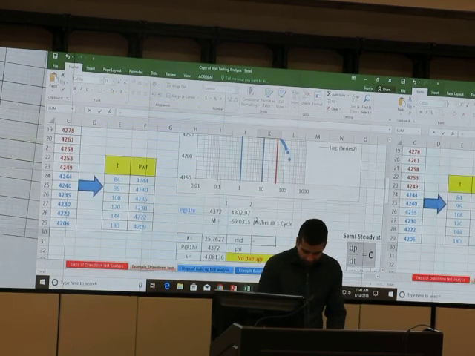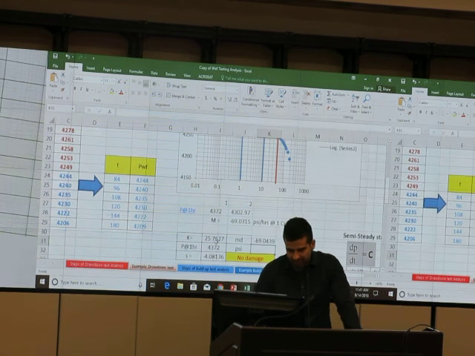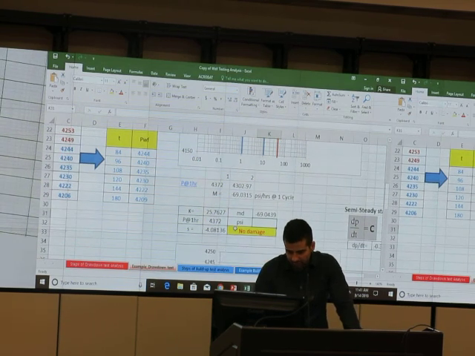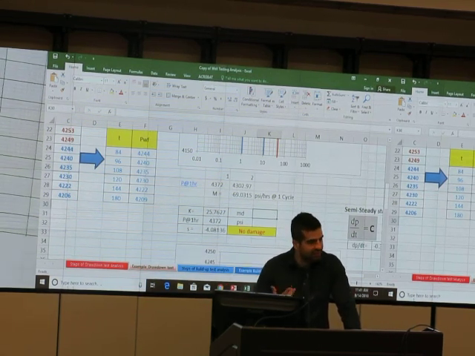So 29.98 multiplied by 2.303 is quite the same as your slope over here. That is how you get the slope if you are doing it in Excel.